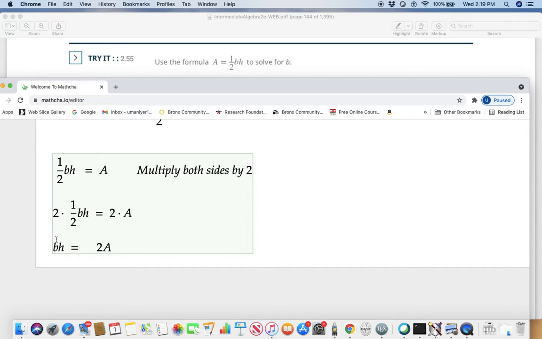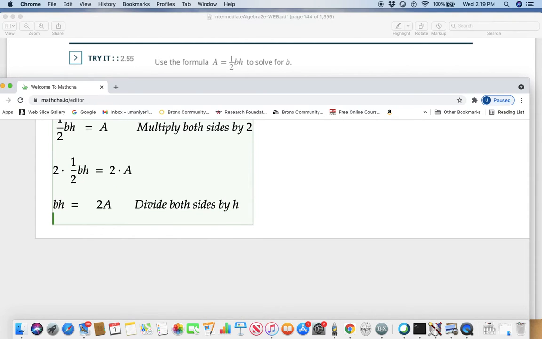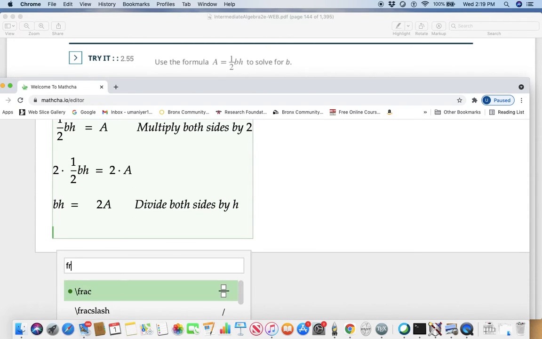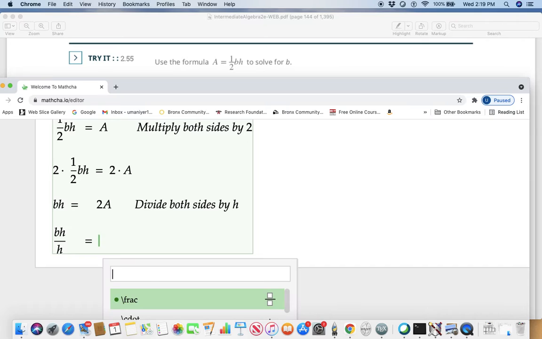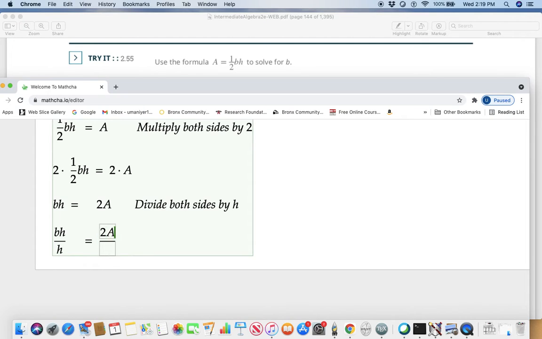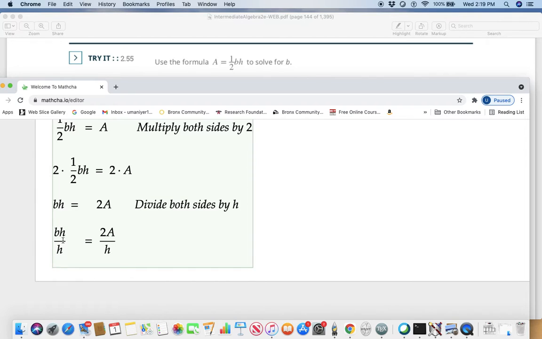I want to solve for B. How do I get rid of H? Look at what H is doing. H is multiplying B. So divide both sides by H. So H is cancelled.